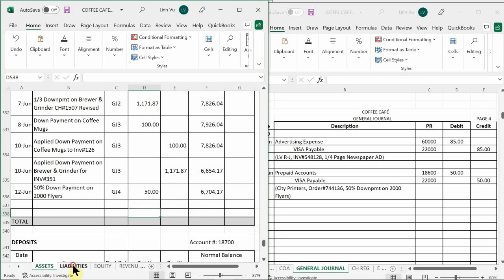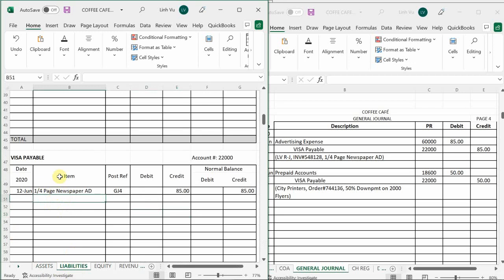And of course, with that, I have to go ahead and update my Visa payable because I end up using my credit card to pay for this. And I'm going to put the same exact description, 50% down payment on 2,000 flyers. And we increased our liabilities by $50.